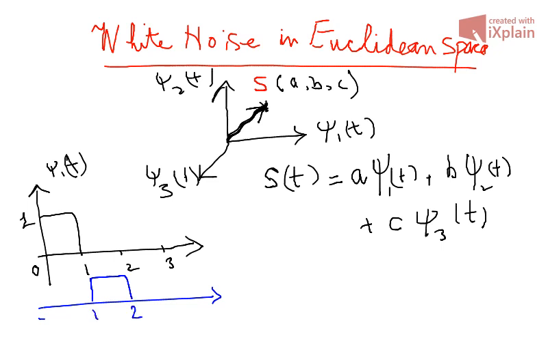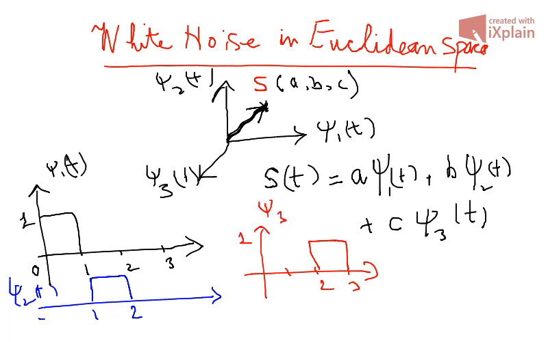And psi 3 of t can be represented in the same way. My psi 3 of t is a pulse from 2 to 3.